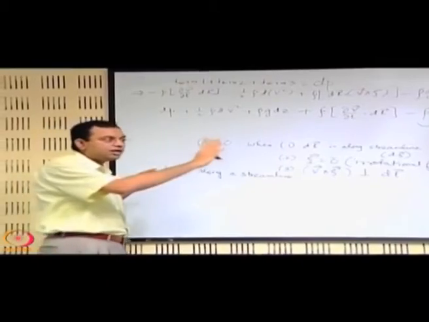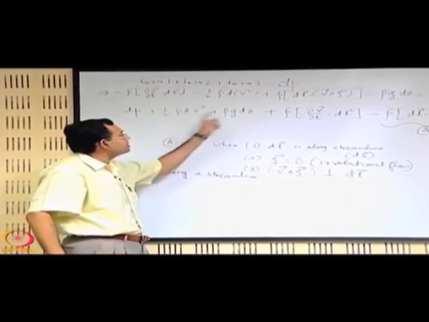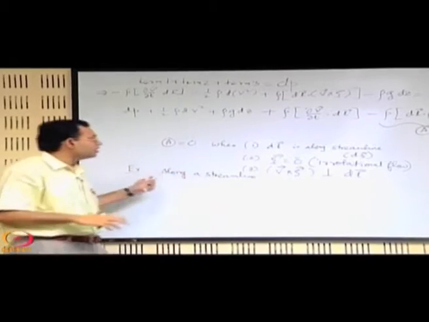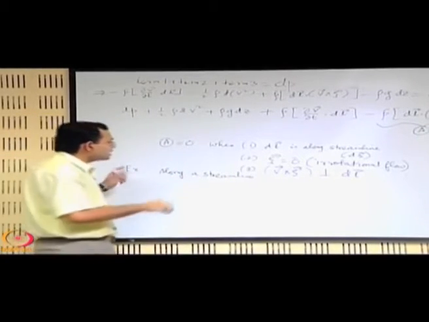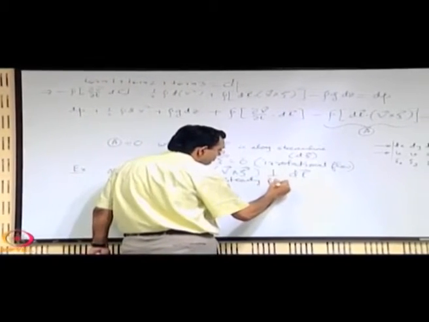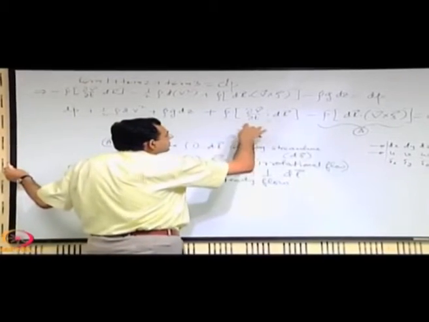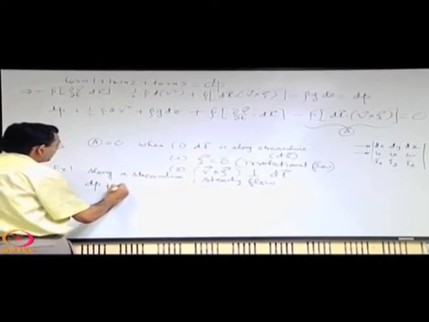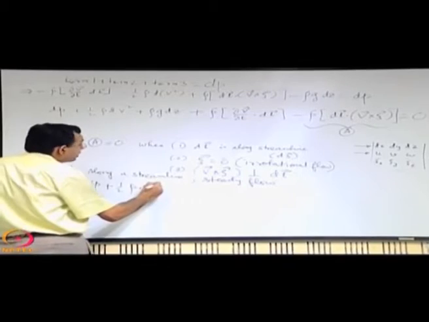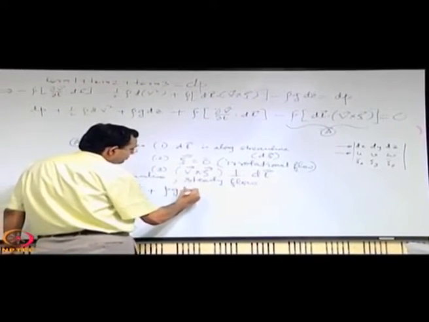So when you have a streamline, we are looking for the difference in these variables along a streamline. So along a streamline, and let us say steady flow, as the first example. This is example 1. Then a term will become 0, this term because of steadiness. So you have dp plus half rho dv square plus rho g dz equal to 0.